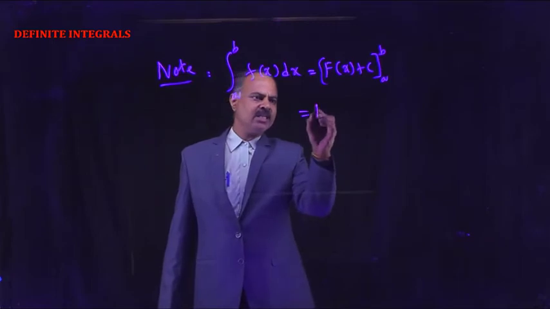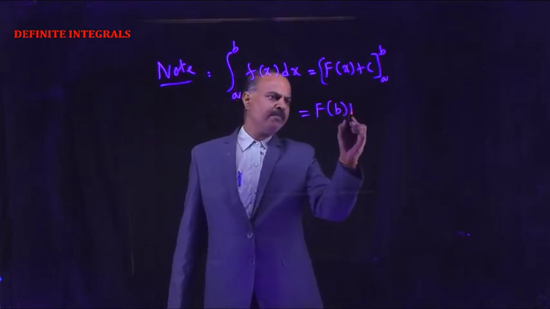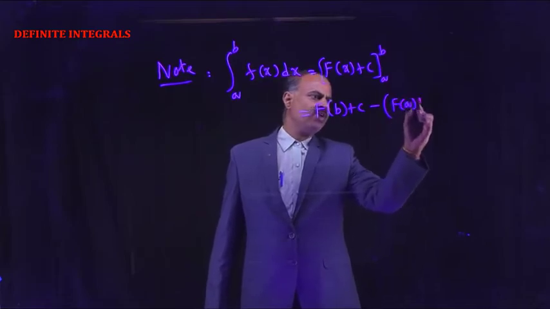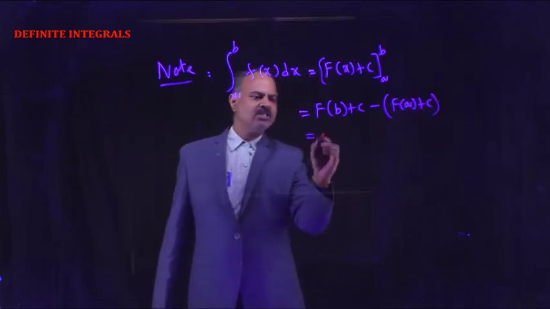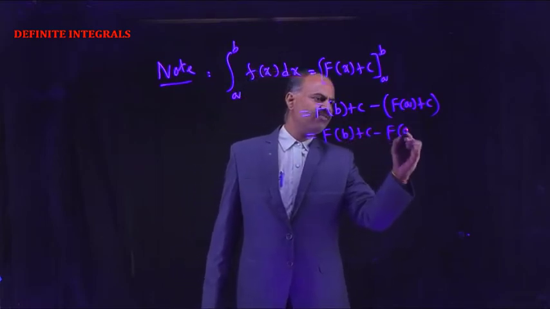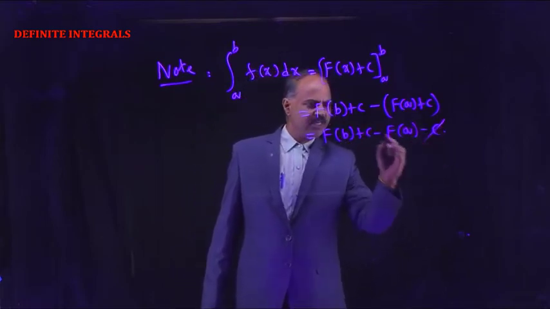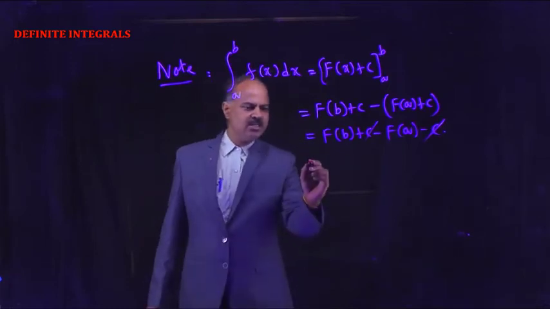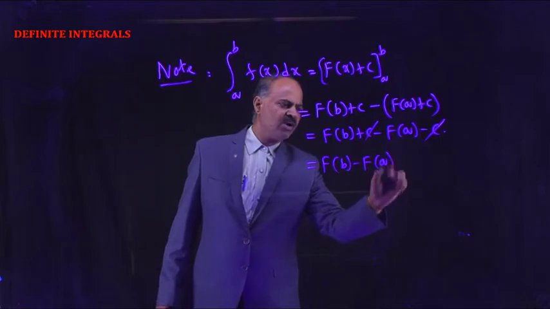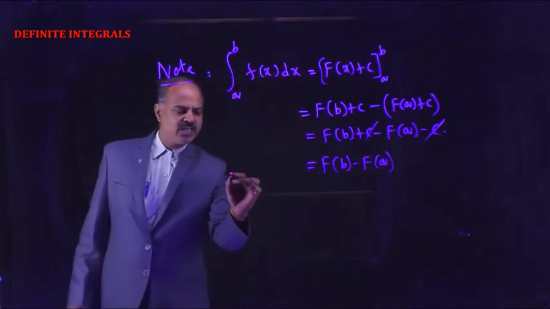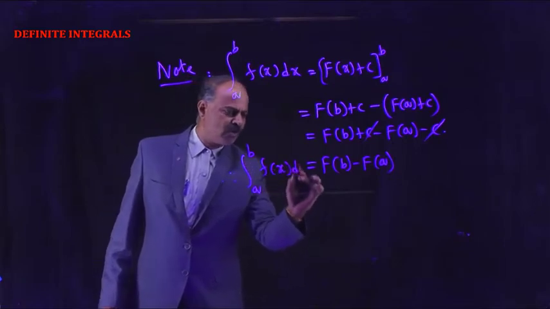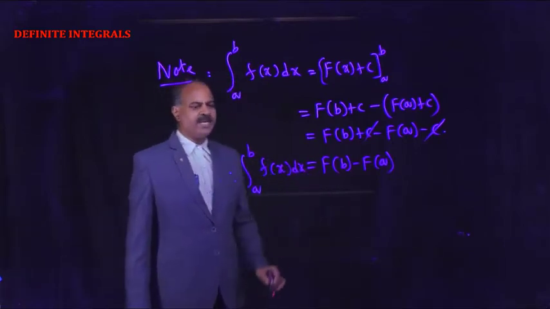That equals F of b plus c minus F of a plus c, which is F of b plus c minus F of a minus c. So here the c and c get cancelled. Therefore integral a to b f of x dx equals capital F of b minus F of a.